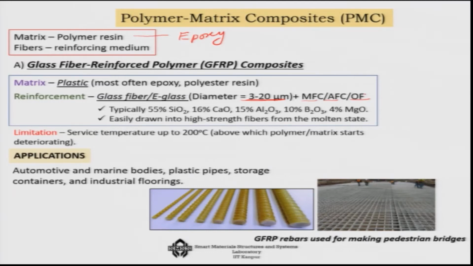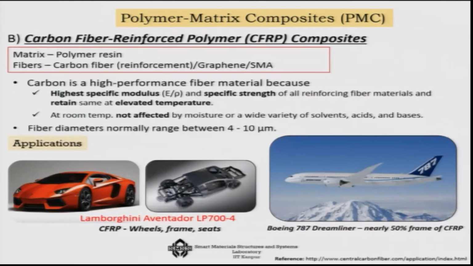The matrix part is something like epoxy or polyester resin. This is used mostly in buildings, automotive and marine bodies, different types of storage containers, and industrial floorings. In industrial flooring, active glass fiber composite is very much used for noise suppression.